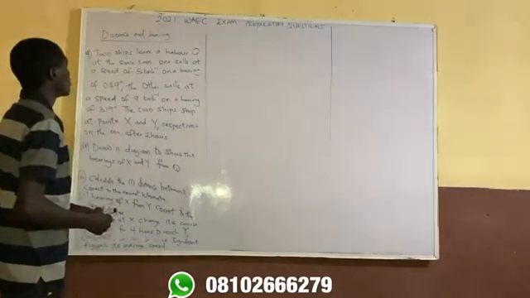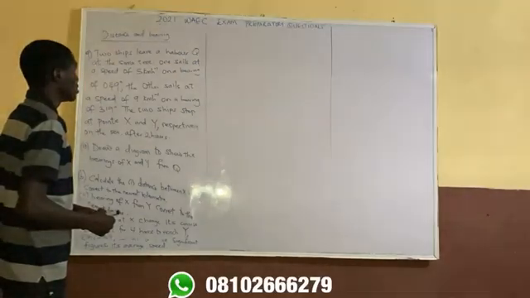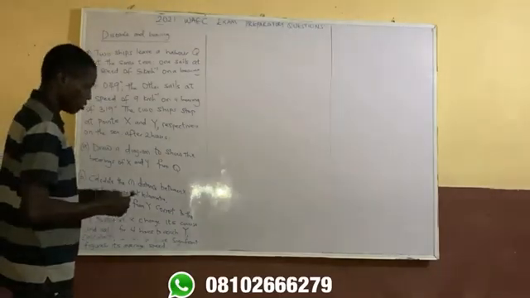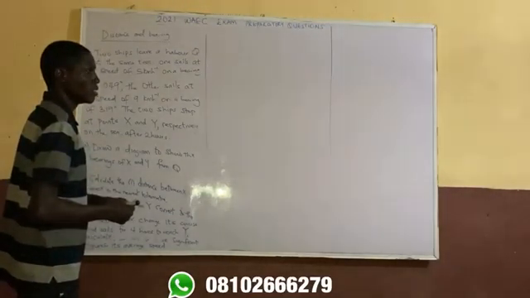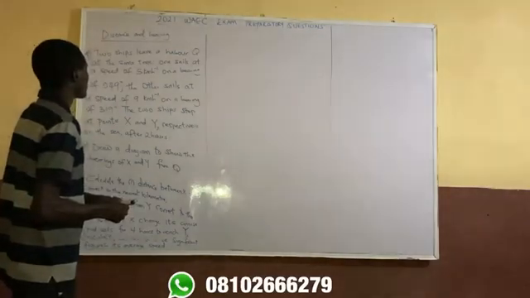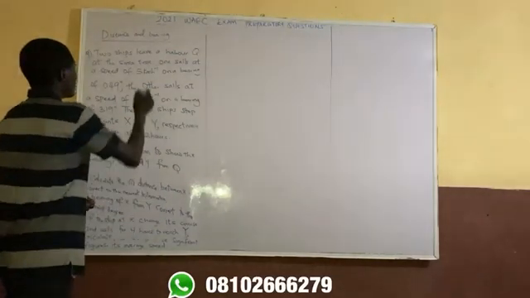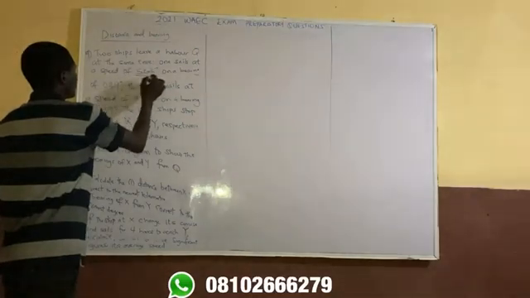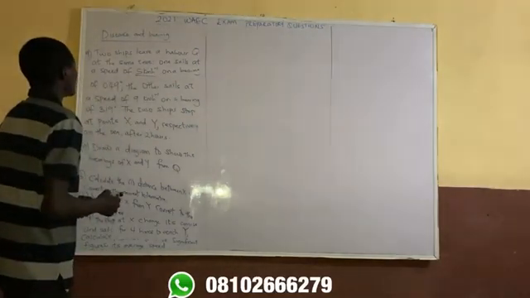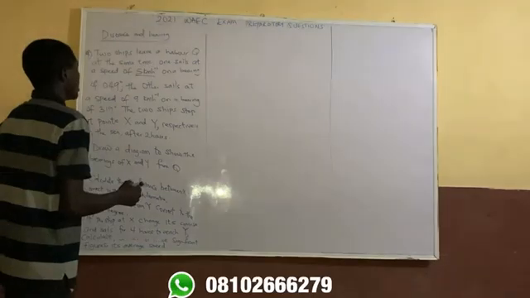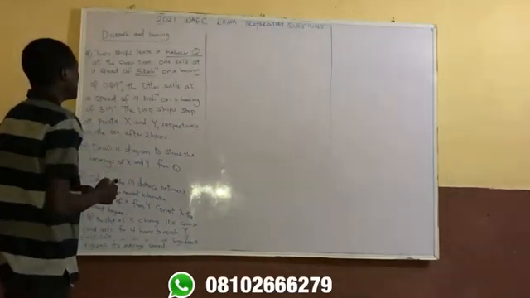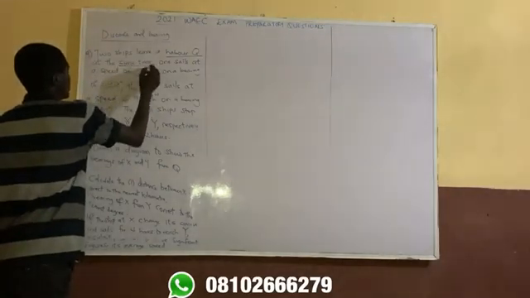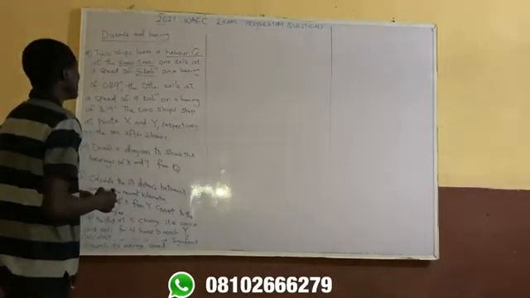Now, this is the question on bearing, and we are going to solve it. I want you to know some things. First thing to note here is we are given 5 km/h. Two ships leave harbor Q at the same time.